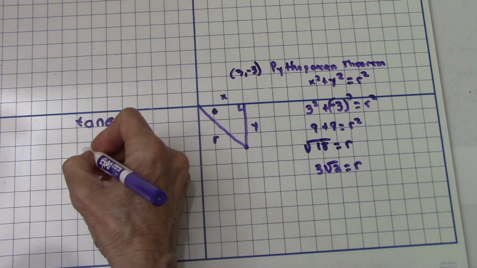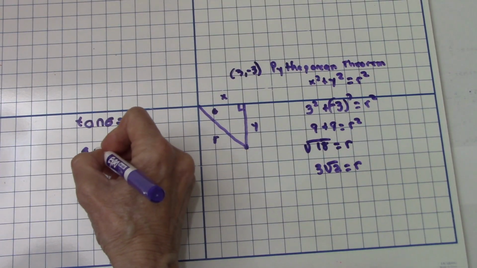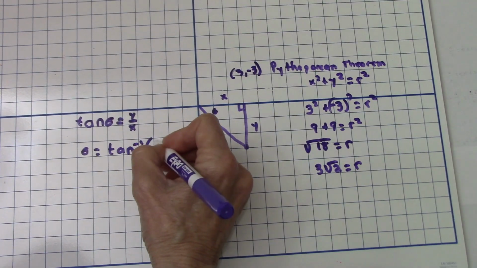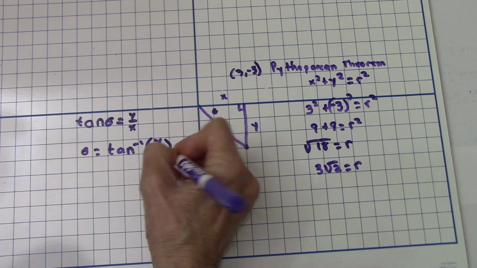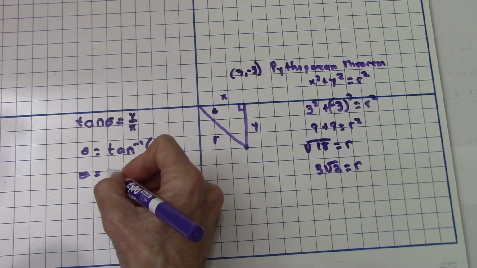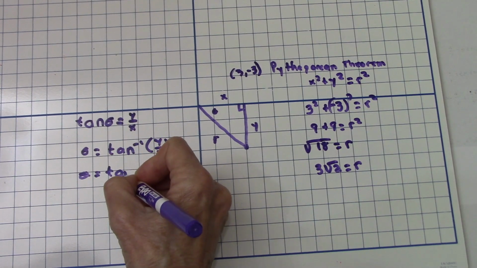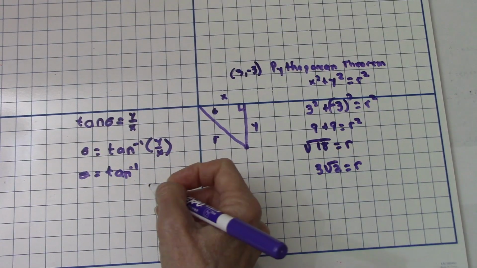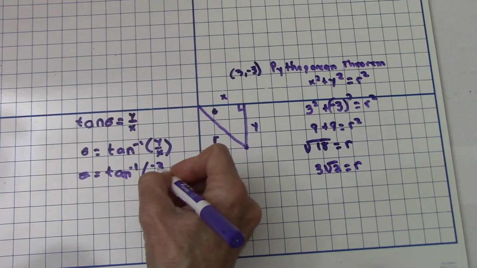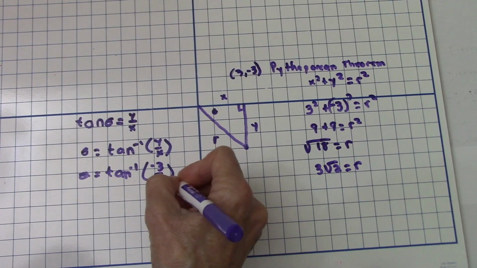So then my angle is the inverse tangent of y over x. So theta equals the inverse tangent of y, which is -3, over 3, which is -1.